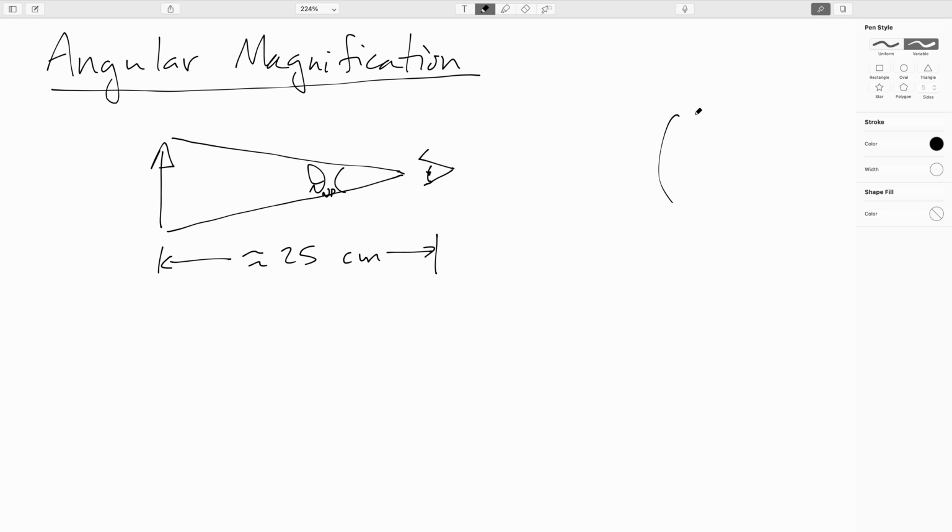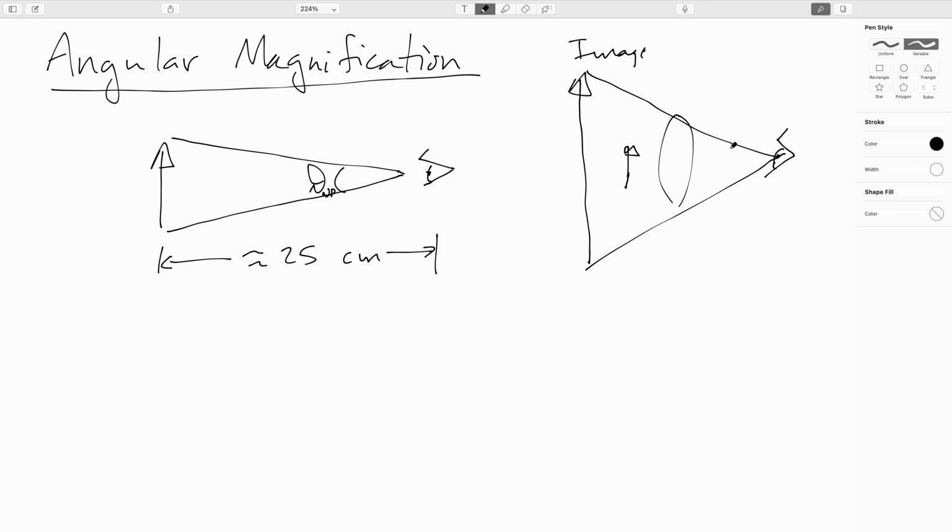Now let's say I stick some optical device in here. I'm just noting this schematically, and you're looking at it through that optical device. So again, let's say this is your eye here. And your object might be still the same height, but now it makes an image that occupies a bigger angle to your eye when you see it through the optical device.